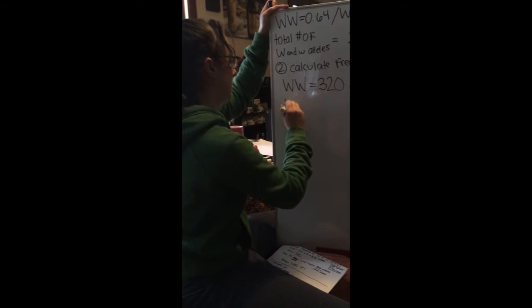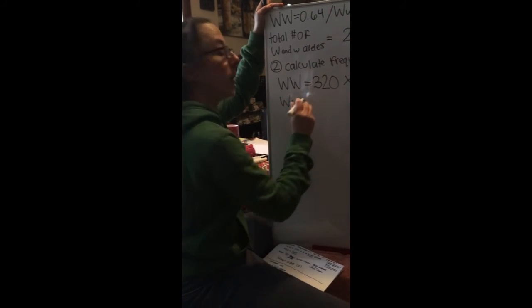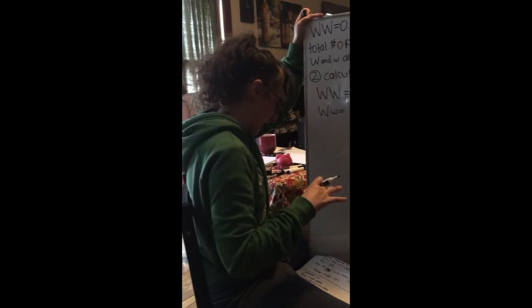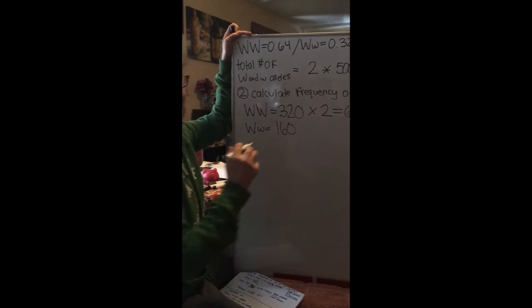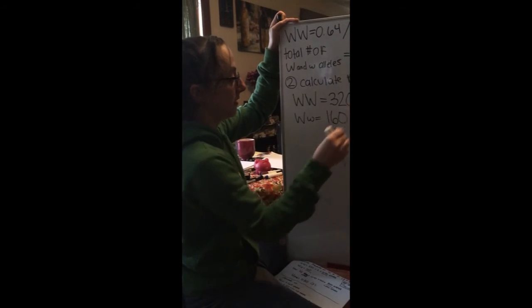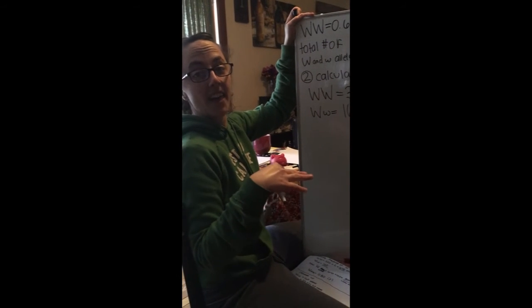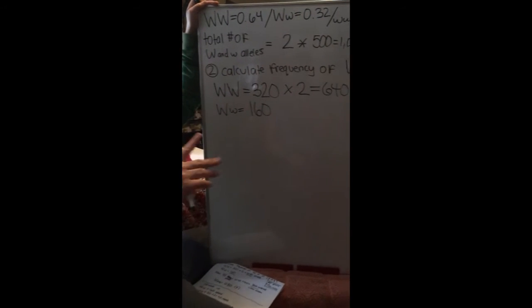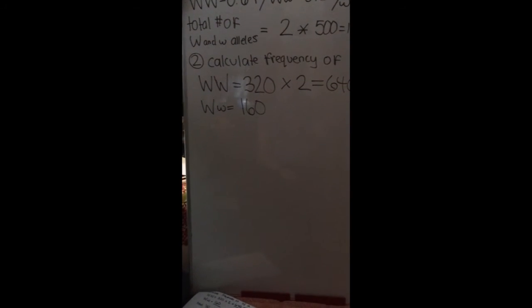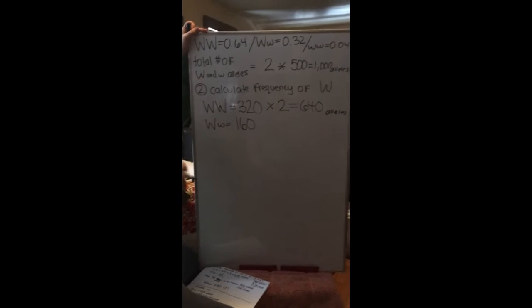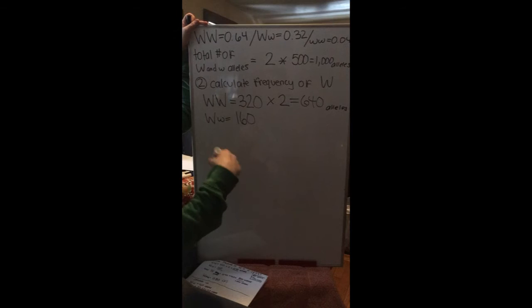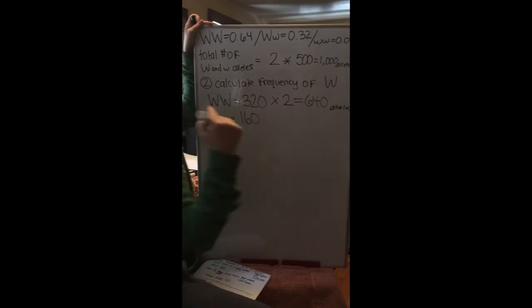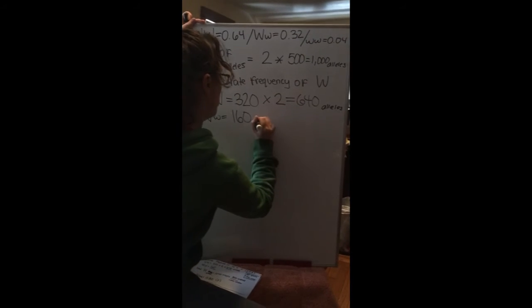But again, don't forget about the heterozygotes. Going back to your initial notes, we had 160 individuals that were heterozygous, and they have 1 of those dominant alleles. So therefore within these individuals, there are 160 dominant alleles among them because they only have 1 copy each.